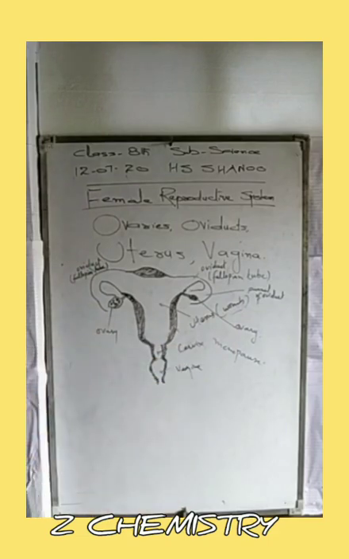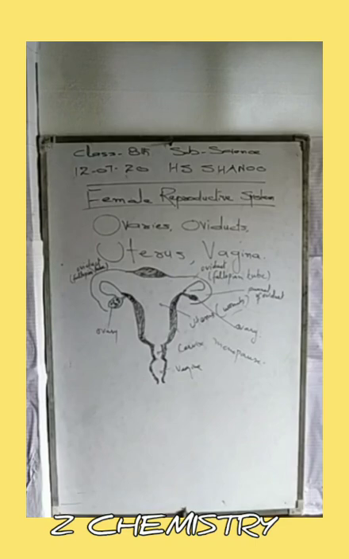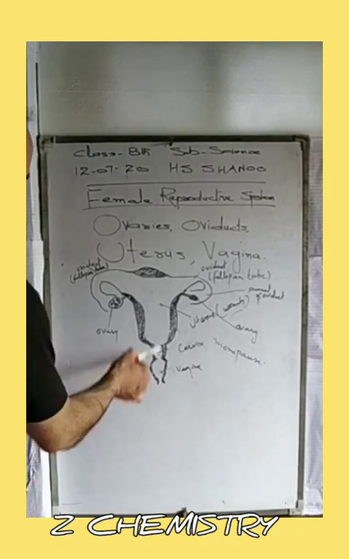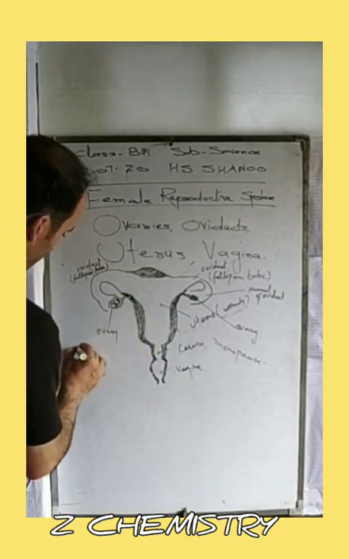It is the funnel of the oviduct, or we can say the opening of the oviduct. Through this oviduct, the ova go into the uterus. When sexual intercourse occurs, the sperm come in contact with the ova, and that process is called fertilization.